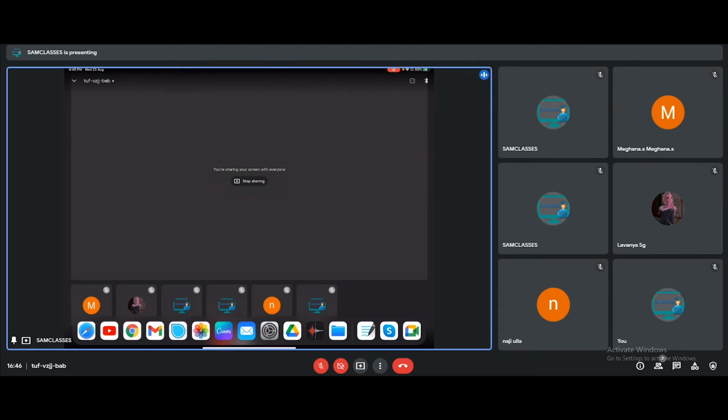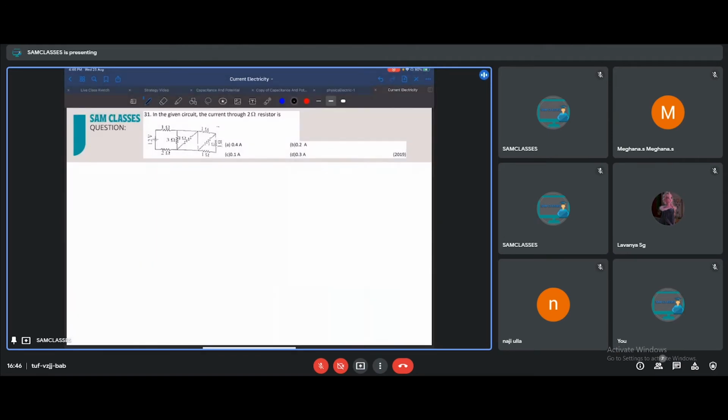What we have in this question, the values don't look very proper, I'll just put up the values. So here we have a battery. Then we have 1 ohm, 3 ohm, and 2 ohm.